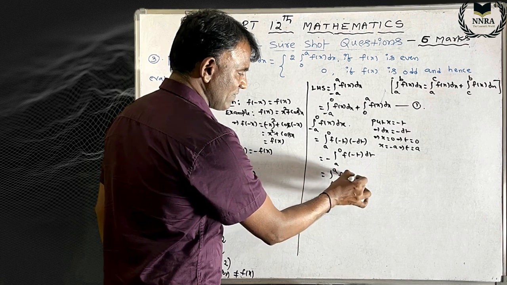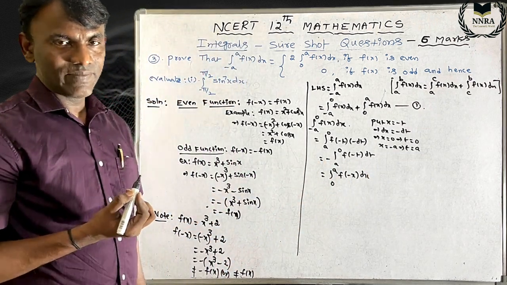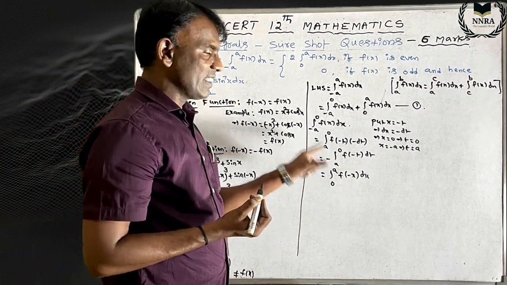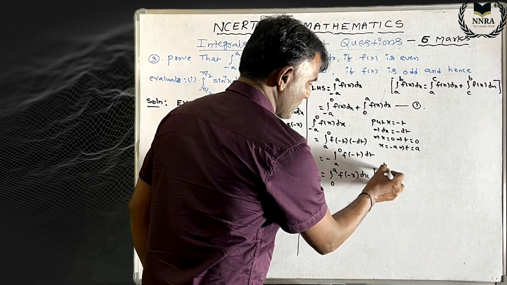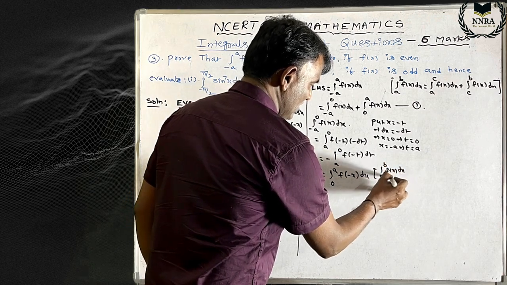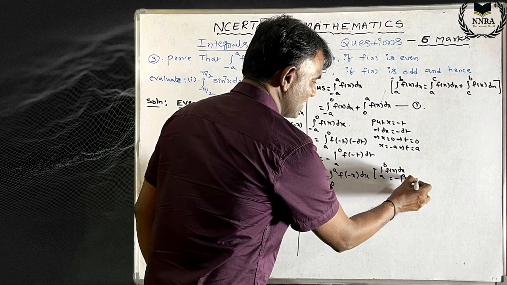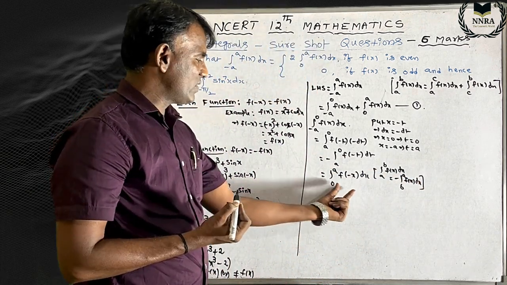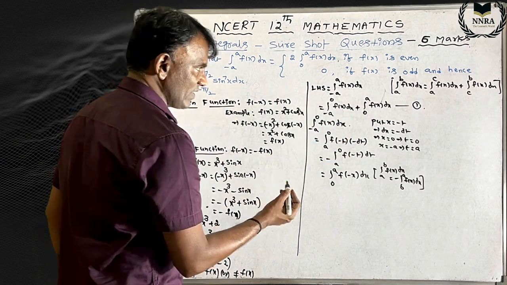And it is f of minus x dx. Got my point? Why? Because t is a variable, x is also a variable. So here that standard property is there. What is that? Integral a to b of f of x dx equals minus integral b to a of f of x dx. So that is one of the standard properties. Now substitute this whole value in this place, from equation number 1.